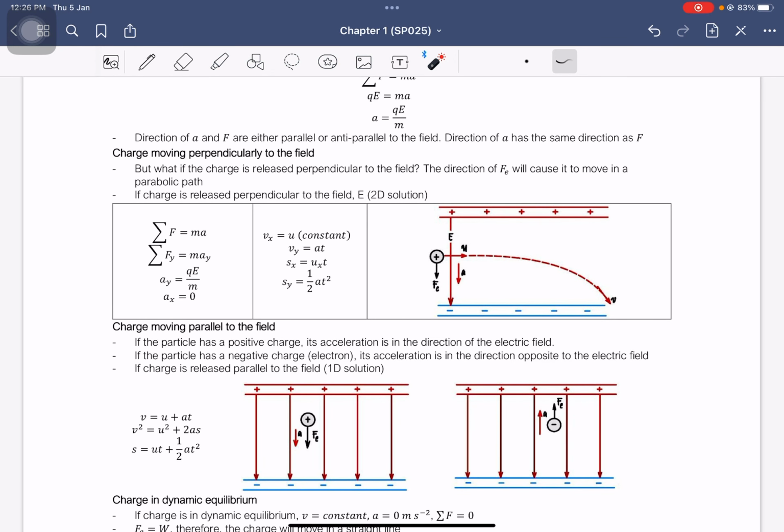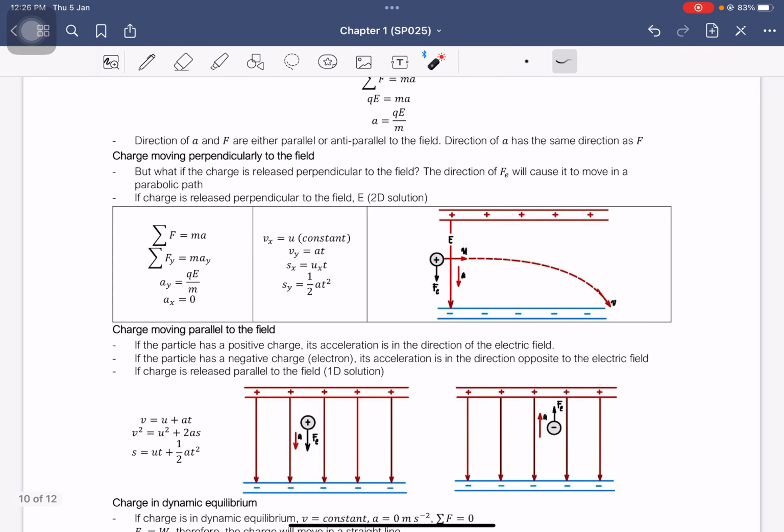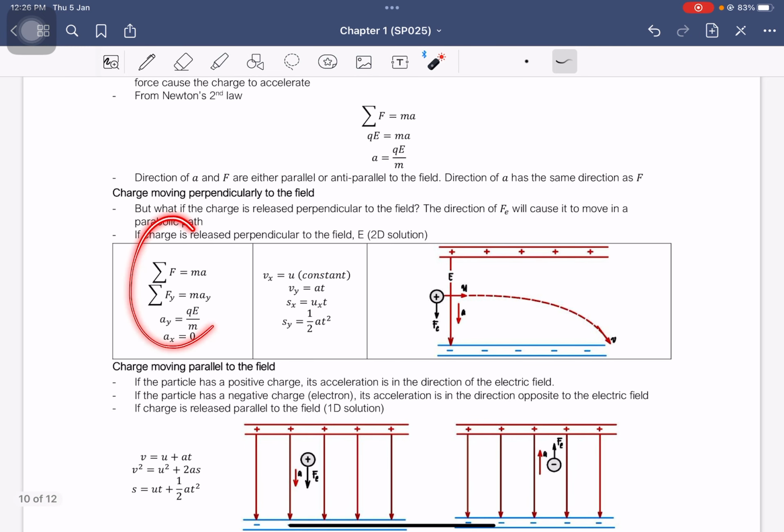The direction of the electric force will cause it to move in a parabolic path. If the charge is released perpendicularly to the field, we are going to solve it in two-dimensional steps. So it's going to be this equation here.